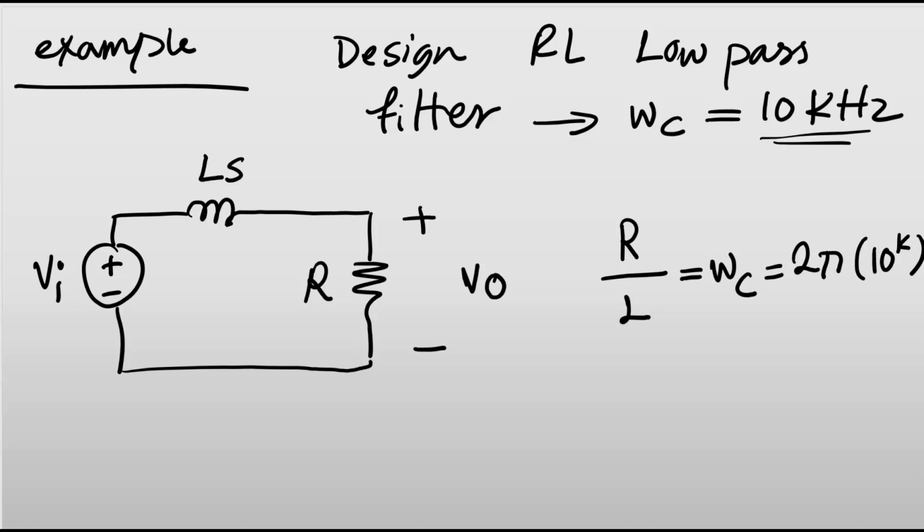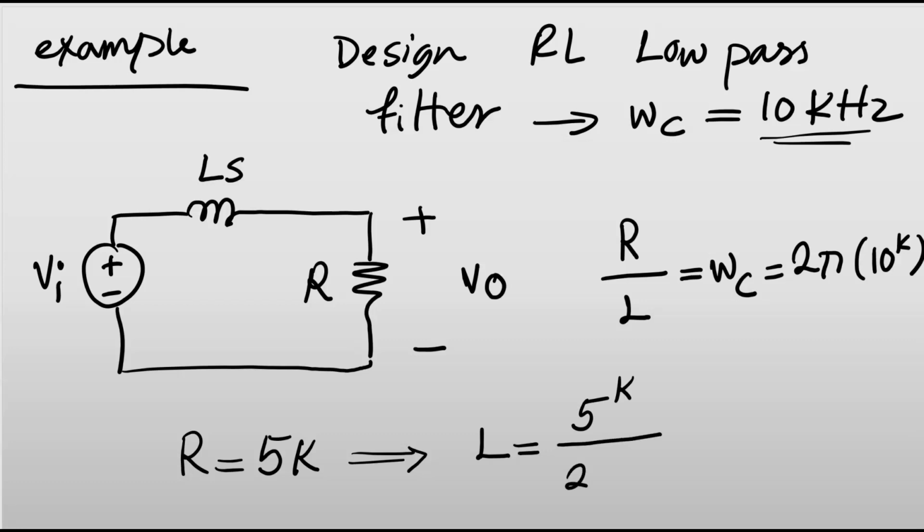So let's assume that I have a 5 kilo ohm resistor in my lab, and I'm going to use that as my resistor value. So I'm going to choose R to be 5k. So if I choose my resistor to be 5k, then I'm going to have my inductor value equal to 5k over 20k pi, and that's going to be equal to 0.08 Henry.